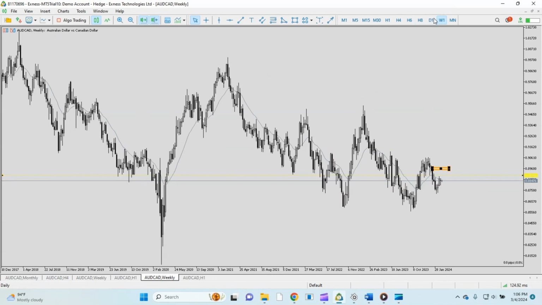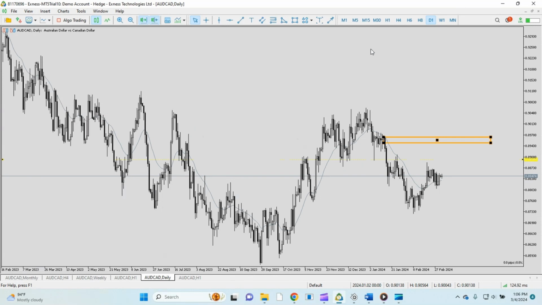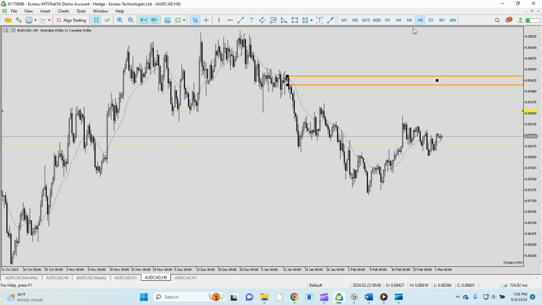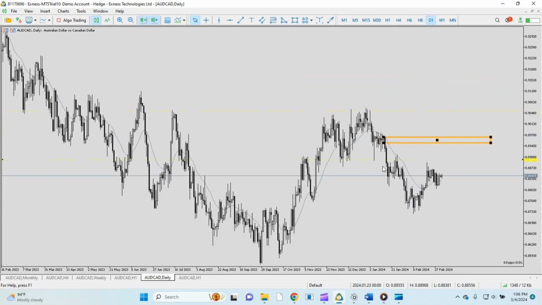Okay, I think we are in harmony. So AUDCAD is bullish. So we just need to buy and wait for price to go to this area. So is there anything that may make price come down?